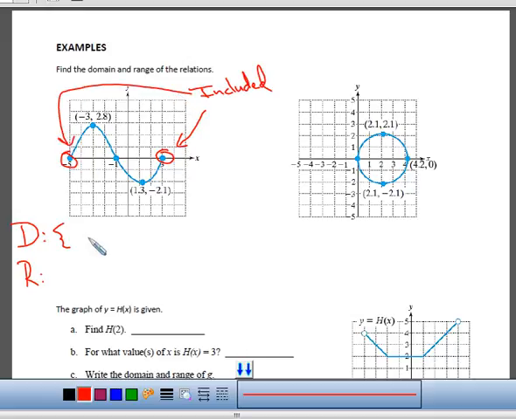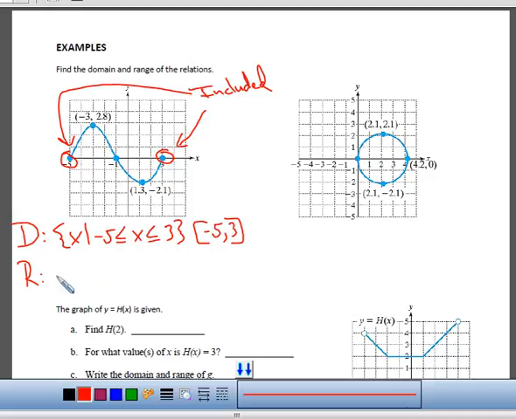So the set of all x, that's our domain, such that -5, that's our smallest value, is less than or equal to, because it's a shaded in circle, x, which is less than or equal to, look at your greatest value here, and that is 3. And I can write it using interval notation, square bracket, because I'm including everything.